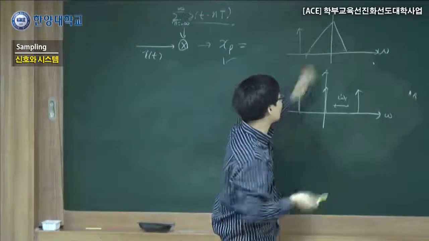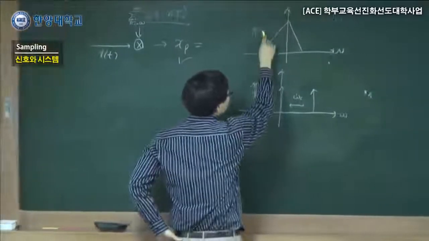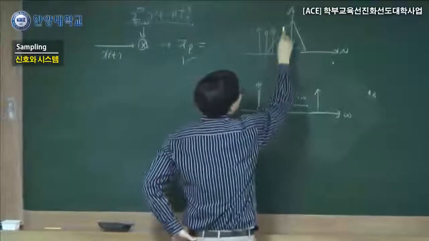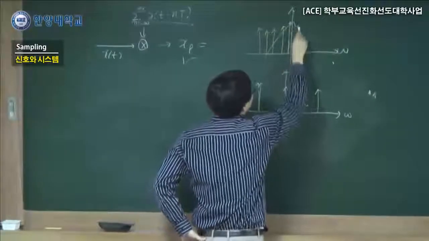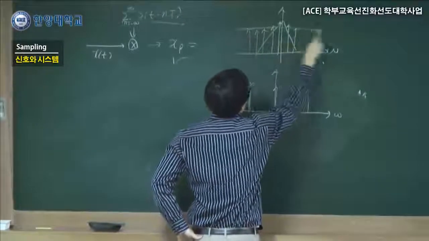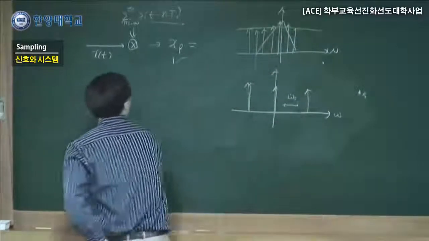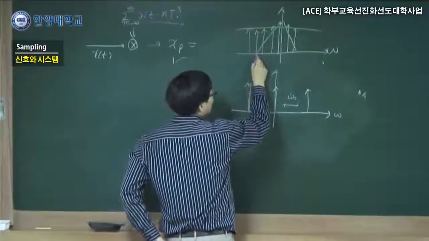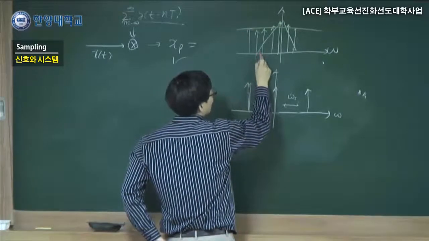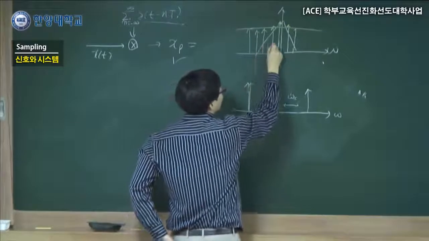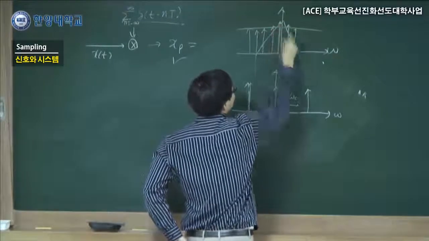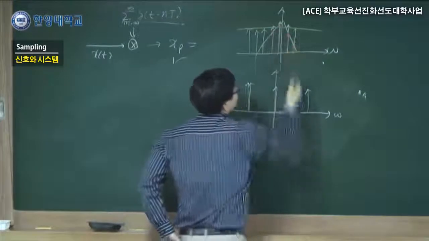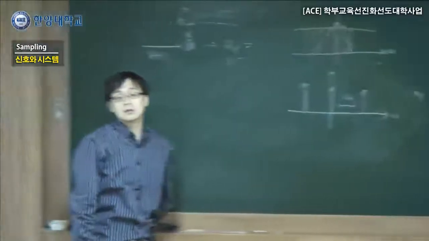When this one begins to enter this region, for example like that, with the same amplitude, then their multiplication will be the same as the amplitude of this triangle signal, right?